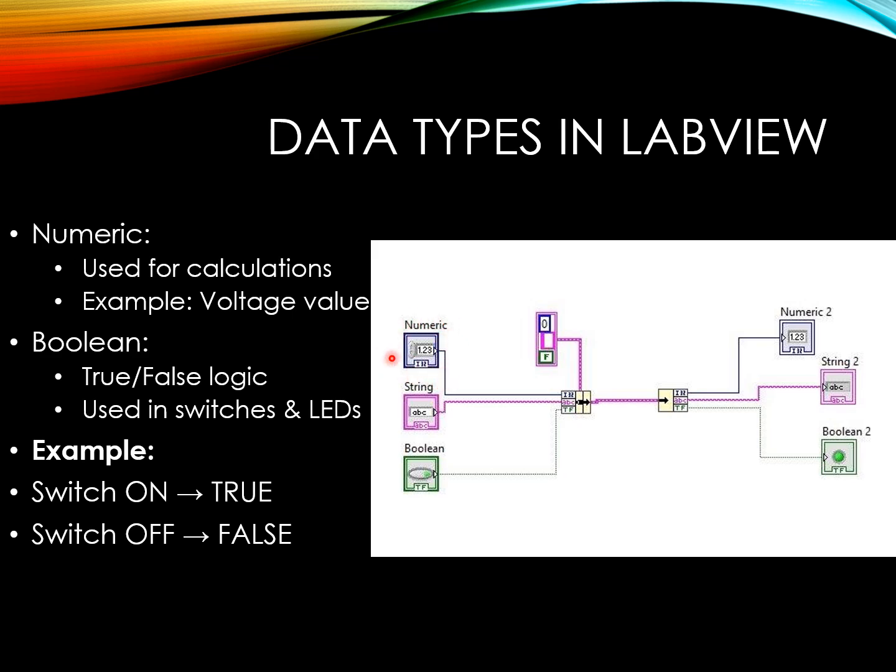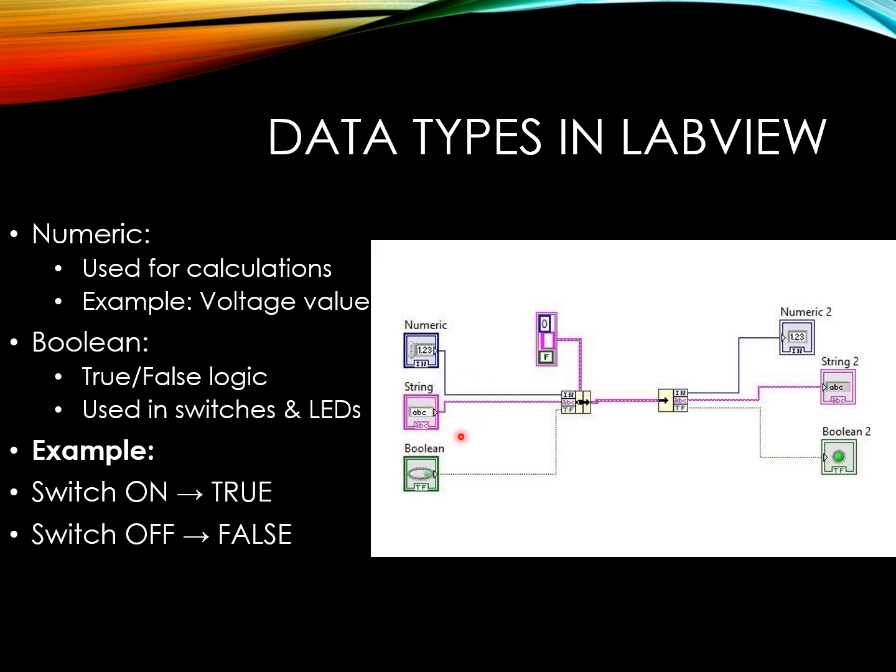Also, it can be a double kind of representation where orange colors are used, that I will show. And Boolean structures are represented as a green color. So here you can visualize these color differences, and you can understand which kind of data are being traveled.